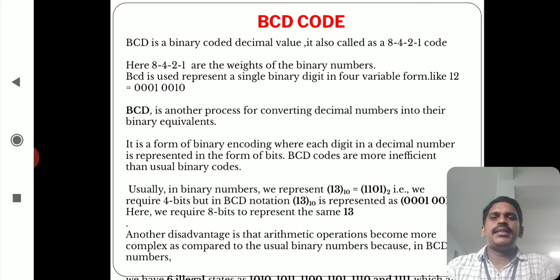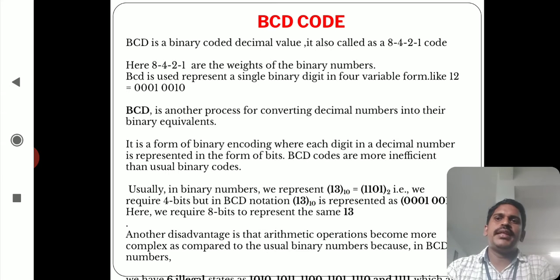These are the bases of the number systems: 2 for binary, 8 for octal, 16 for hexadecimal, and 10 for decimal.